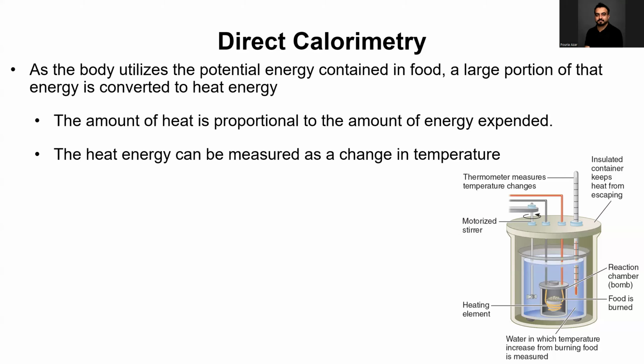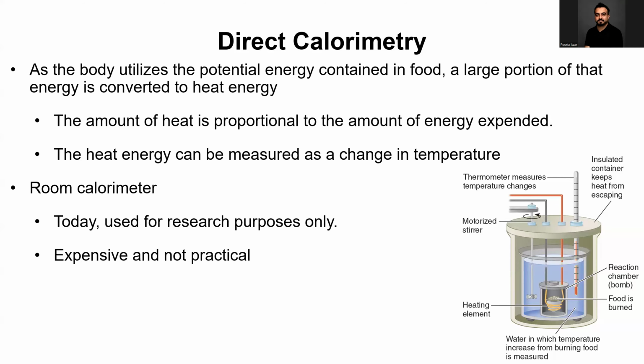And the heat energy can be measured as a change in temperature. Just like measuring caloric content in food, we can measure the change in temperature of the room. And so we have room calorimetry for humans to directly measure the energy expenditure. Today it's used for research purposes only. It's very expensive and not practical.